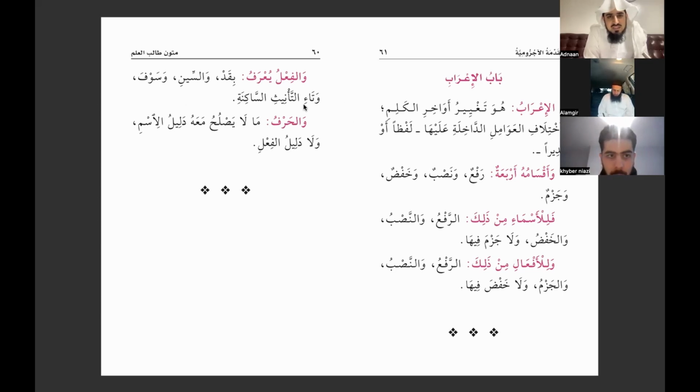Notice how it must be a ta, it must be for feminine, and it must have a sukun, and this is for fi'l ماضي. For example, ضرب masculine, and ضربت with ta, for feminine, with a sukun. So the minute you see قد before فعل ماضي ومضارع, or سين and سوف before فعل مضارع, or تاء التأنيث الساكنة on a فعل ماضي, then you know that these are أفعال.